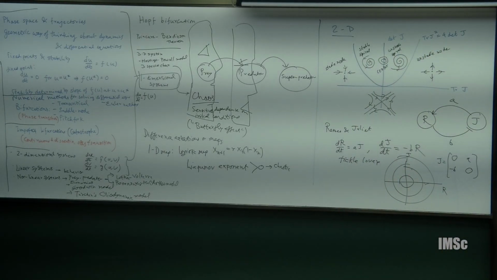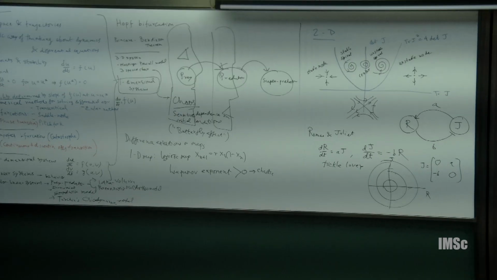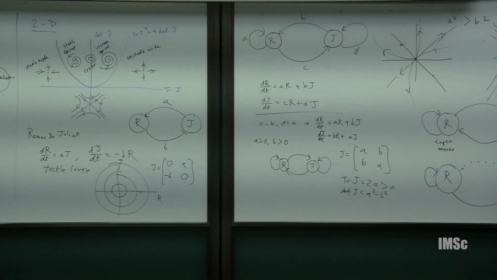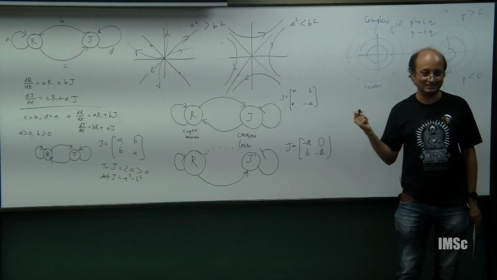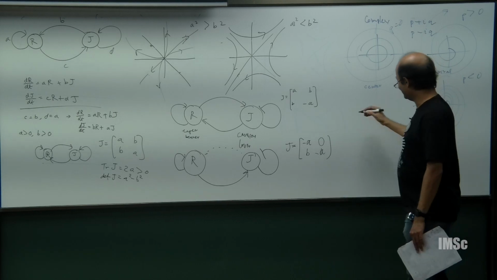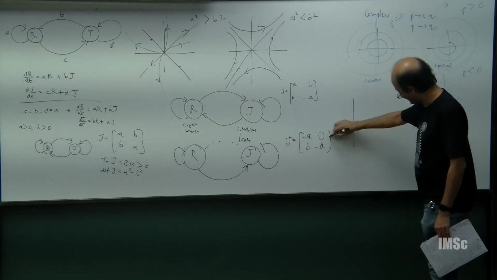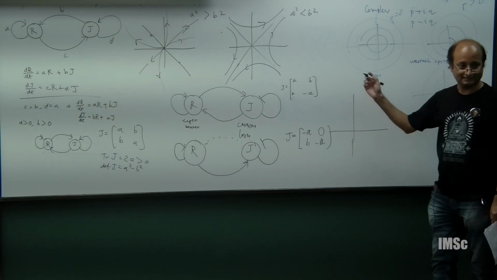Yes, the fixed point is stable, but if you look at the flow lines, and this is where looking at the phase plane sometimes gives you interesting clues which just doing fixed point analysis won't. Aninda was mentioning that you can look at the phase plane and the vectors.